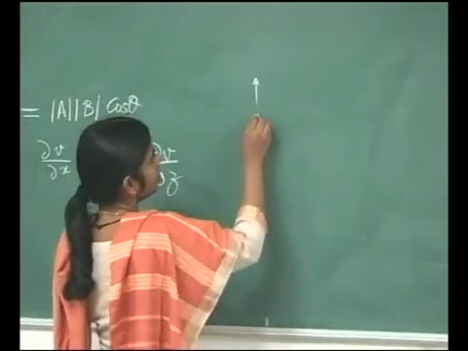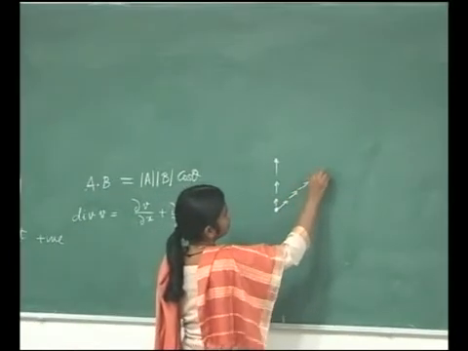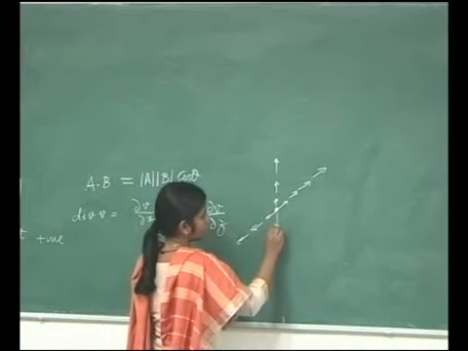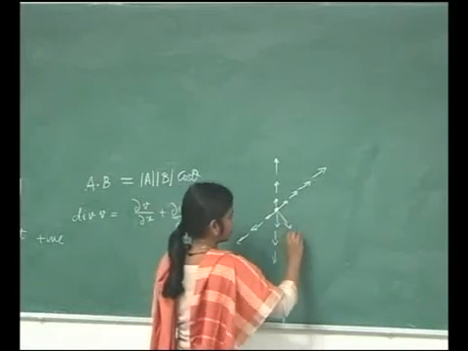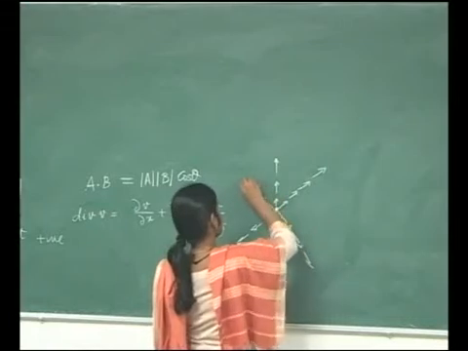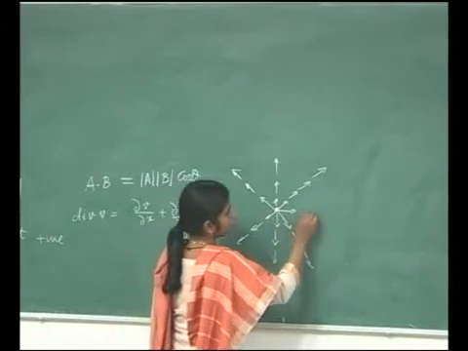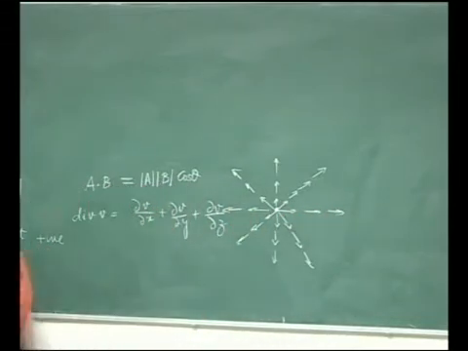If I have this point, then positive divergence looks like this. This is positive divergence. The point is a source.